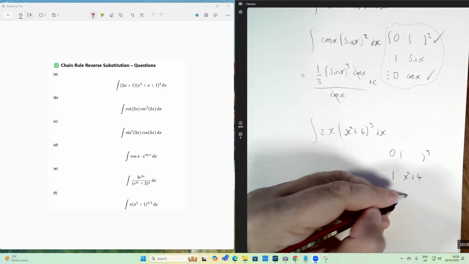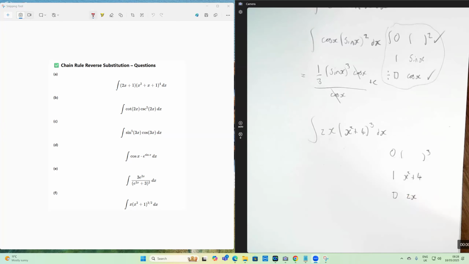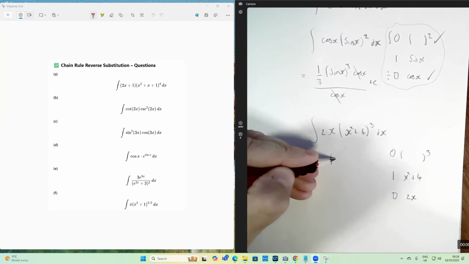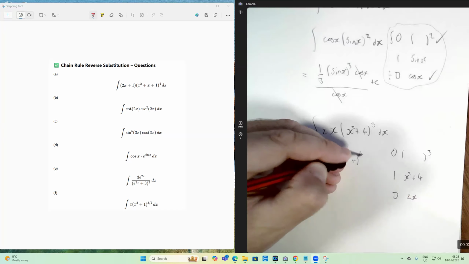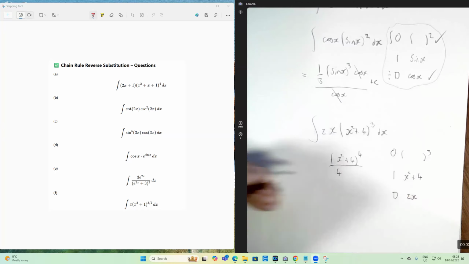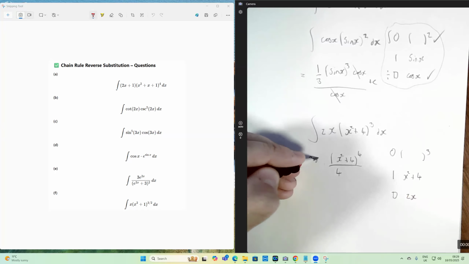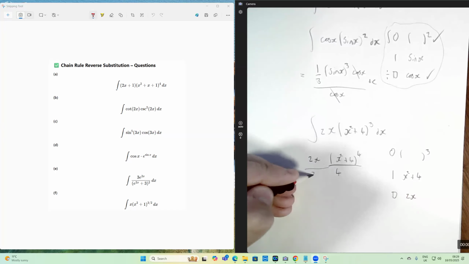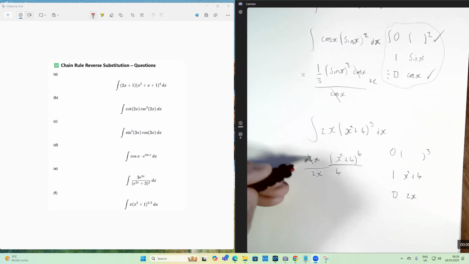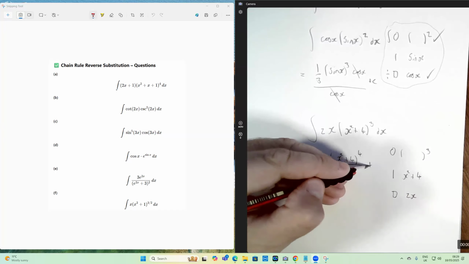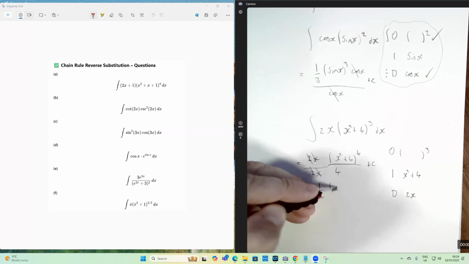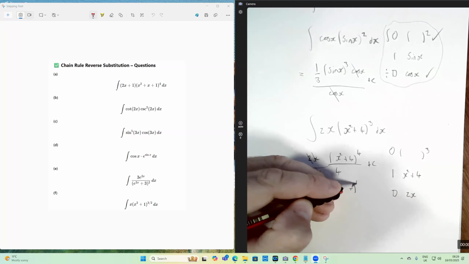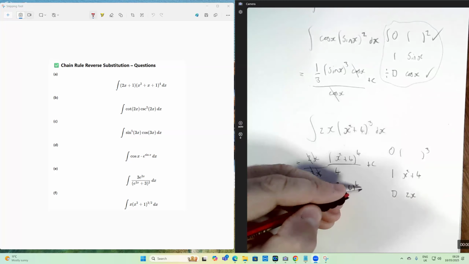The derivative of my inner is 2x. So I'm going to integrate my outer function, so that's going to go to something to the power of 4 divided by 4. I've still got my 2x there, but then I divide by the derivative of the inner function. So that 2x cancels out, and my answer is in fact 1/4 (x² add 4) all to the power of 4 add c.